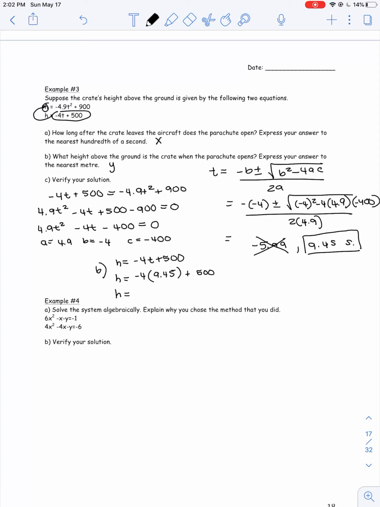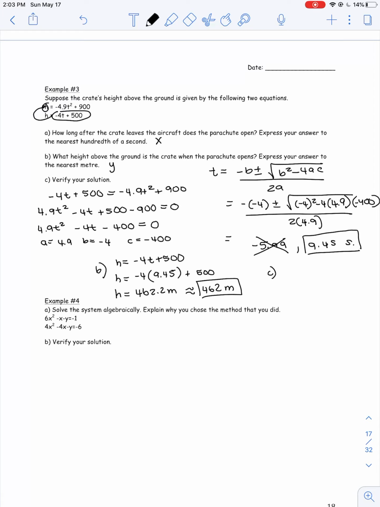If you plug that in, h is going to be equal to 462.2 meters, but since it wants it to the nearest meter, we want to round our answer to be 462 meters. Okay, so that's our y coordinate of the intersection point.